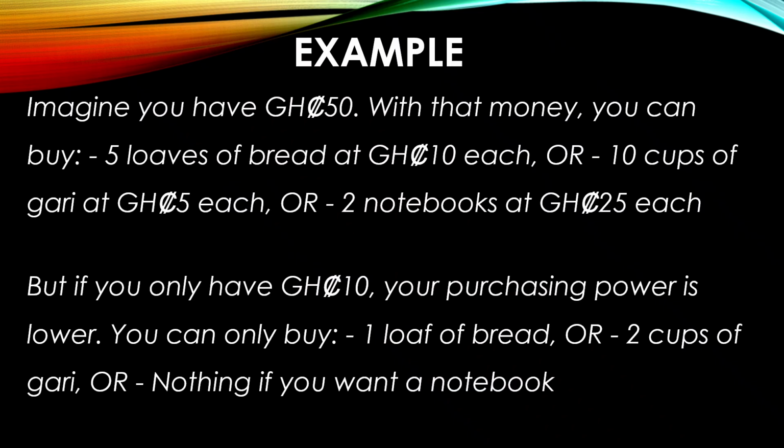For example, imagine you have 50 Ghana cedis. With that money, you can buy 5 loaves of bread at 10 cedis each, or 10 cups of gari at 5 cedis each, or 2 notebooks at 25 Ghana cedis each.